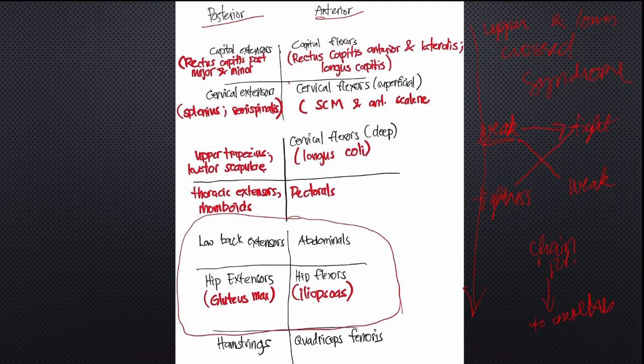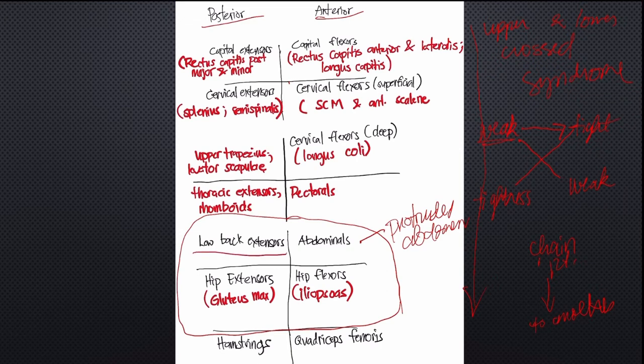I look at the abdominals. If the abdominal muscles are weak, what do they look like? They have a protruded abdomen. So if you check an individual with a protruded abdomen, a big belly, automatically the low back extensors are tight.